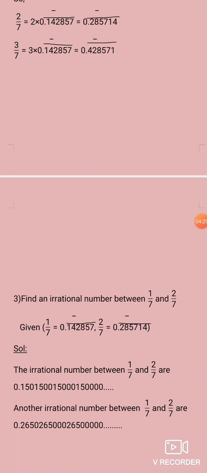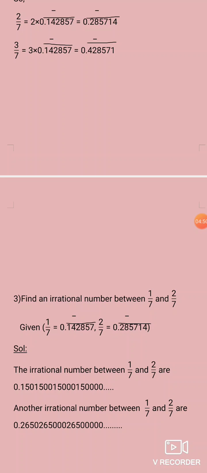Okay, irrational number means which cannot be expressed in the form p by q. So, the decimal form of those irrational numbers. First, we need to find the values of 1 by 7 and 2 by 7, but in this question, those two values are given.